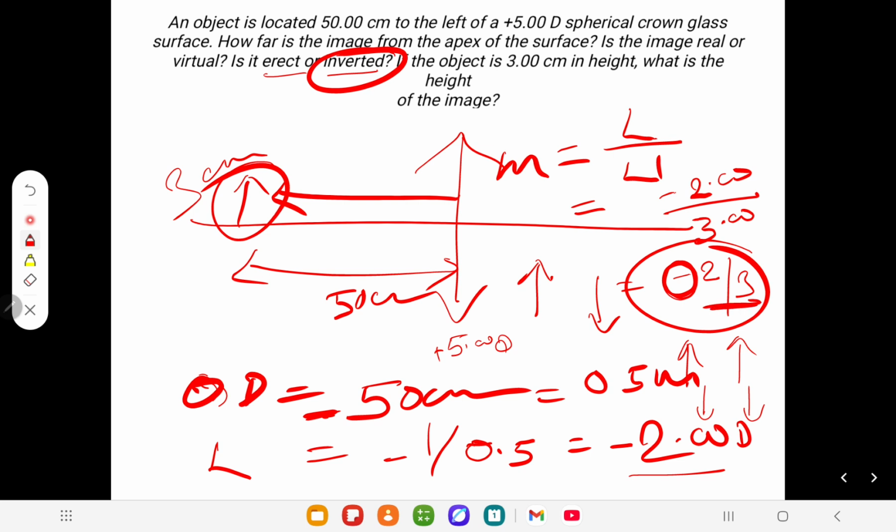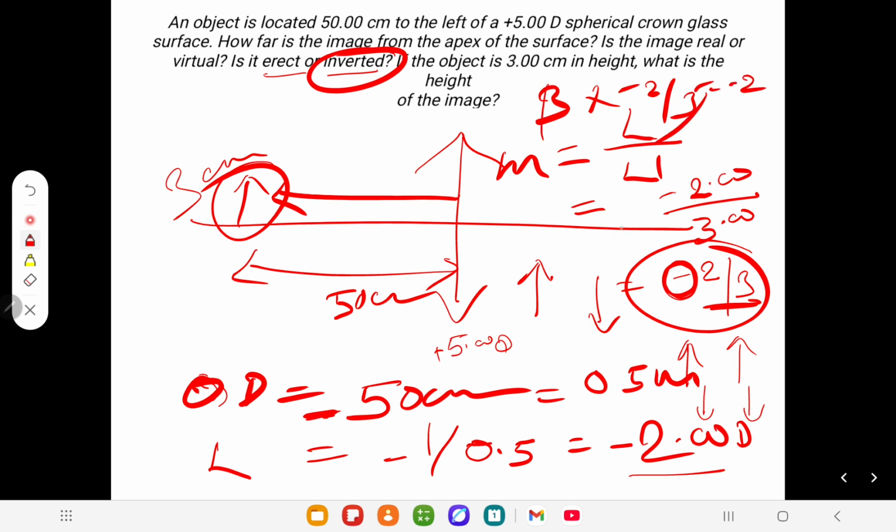2 by 3. Then we have to calculate image size by what? Object height into magnification. Object height is 3 centimeter, magnification is minus 2 by 3, which gives minus 2.